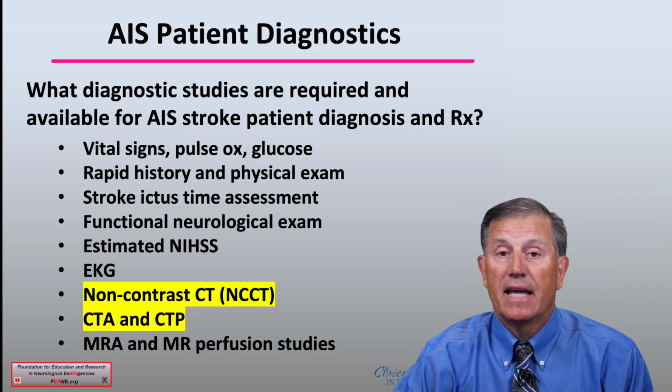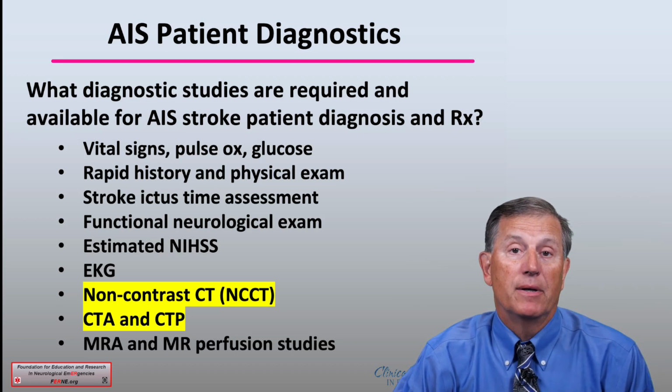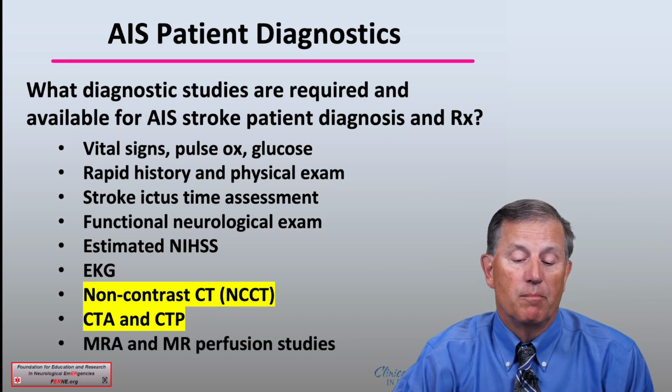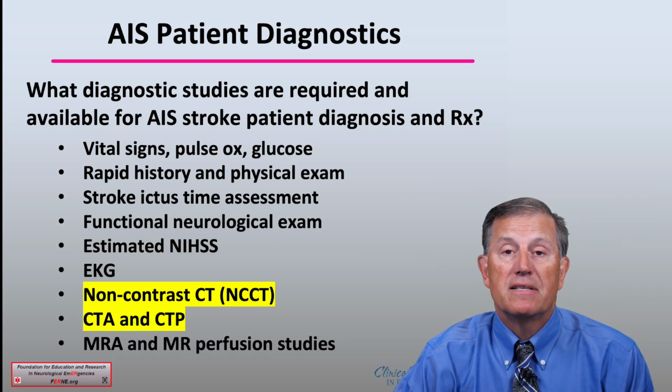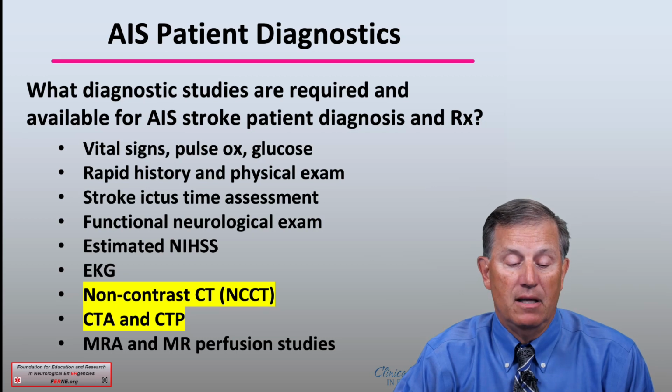We will obtain an EKG to make sure there isn't a concomitant acute myocardial infarction. And most importantly, what we'll discuss today is the use of non-contrast CT, NCCT, and the CT studies listed here.